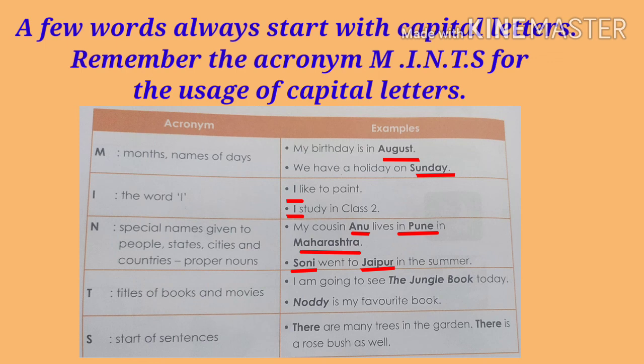Then in the next examples: I am going to see The Jungle Book today. And Noddy is my favorite book. In these examples, The Jungle Book is the title of a movie and Noddy is the title of a book, so they start with a capital letter here.